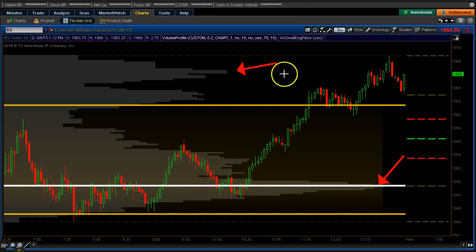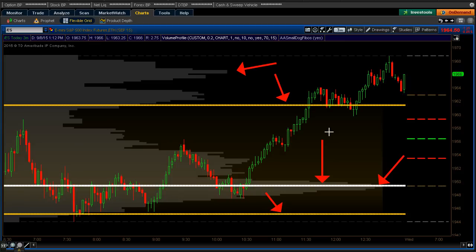Then you have what's called value area high right here, and then value area low, which is this yellow line, okay? And then you have the point of control, which is this white line. During that time period, you could use a 3-minute today only, a 3-minute 5-day, 5-minute, whatever you want.